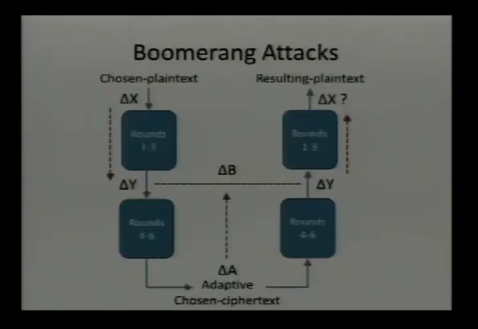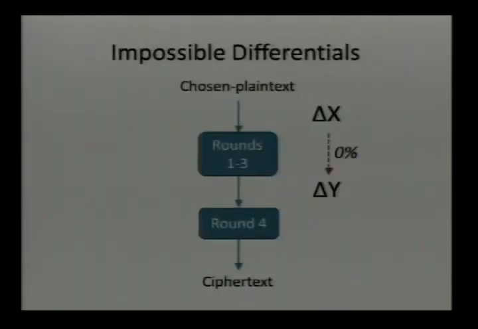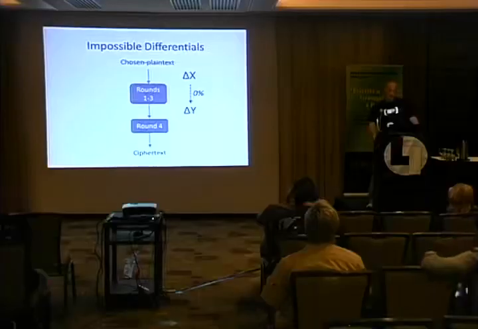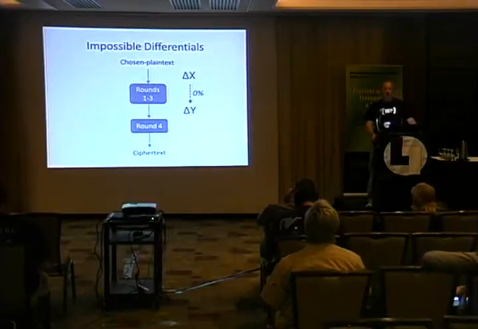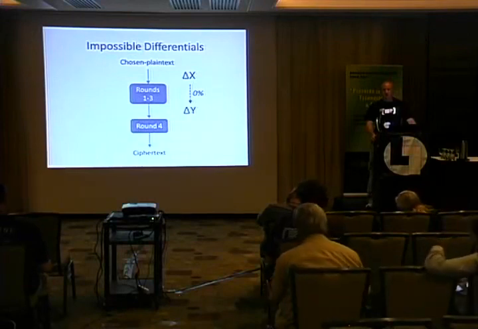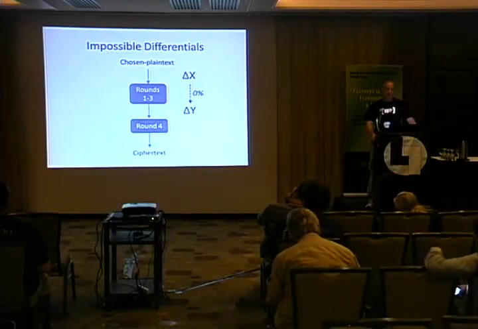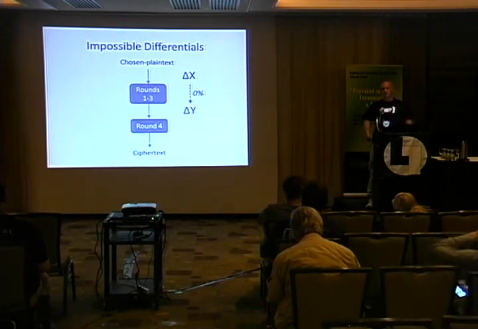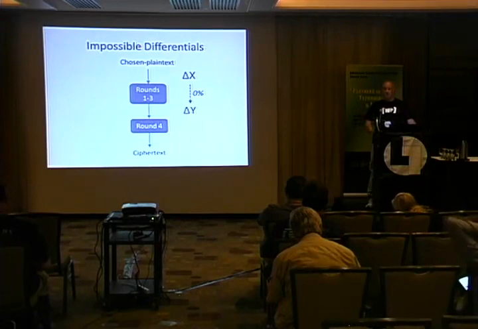All right, let's see. Okay, on the opposite end of the spectrum, instead of using differentials that we know happen 100% of the time, you can use differentials that you know happen 0% of the time. In other words, I start with a number, I feed it in, I start with that same number, I change one bit, and I feed it in again, and I see what changes at the end.